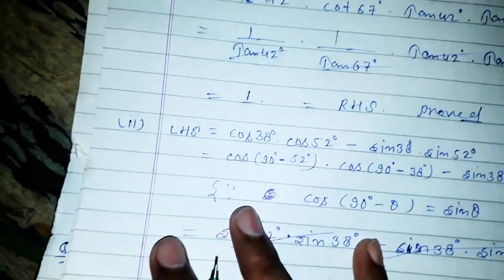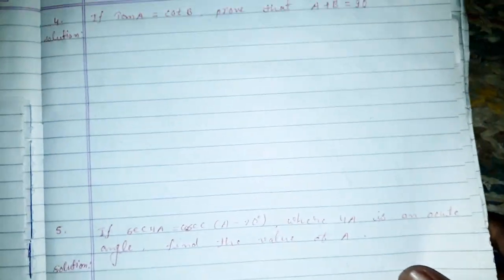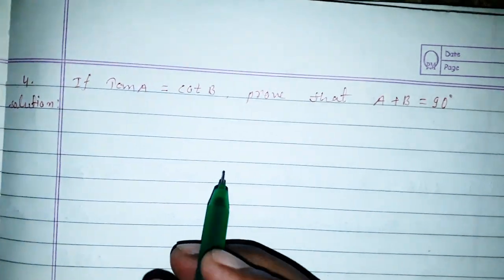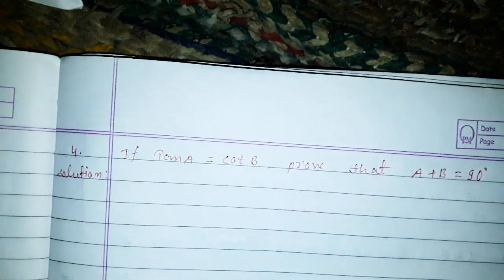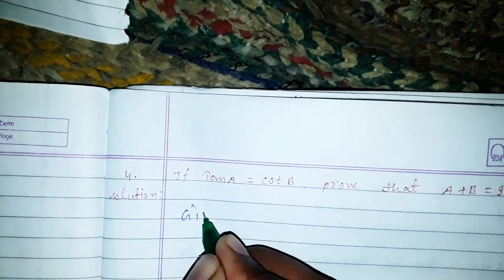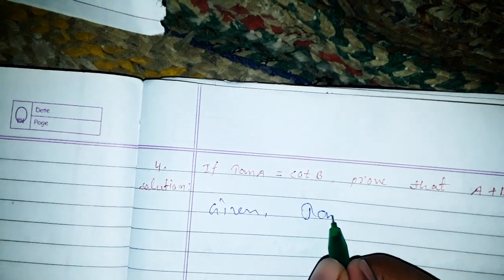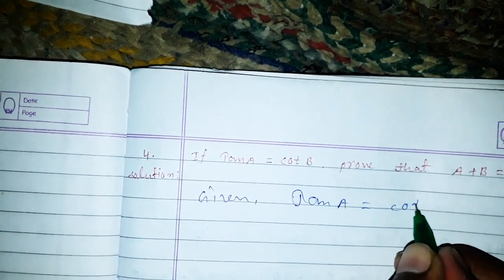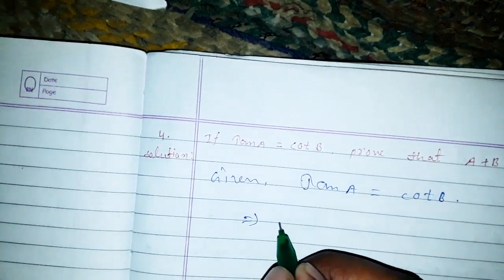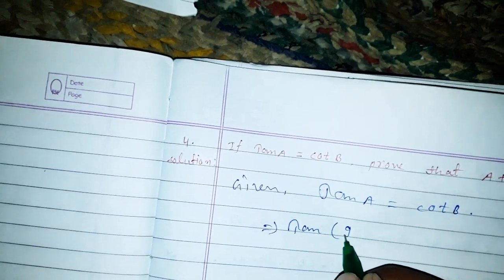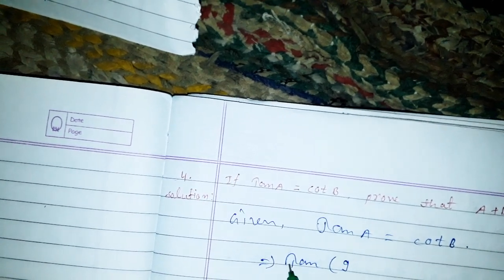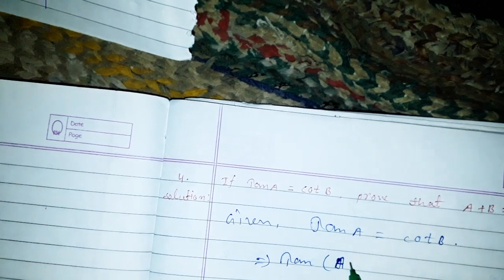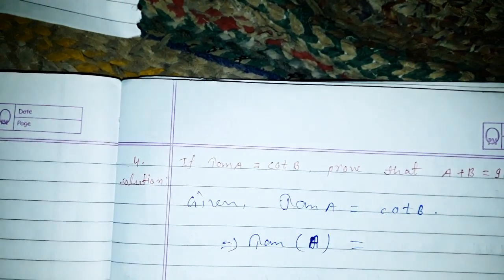Next question: if tan A is equal to cot B, prove that A plus B is equal to 90 degree. Given that tan A is equal to cot B. What is cot?